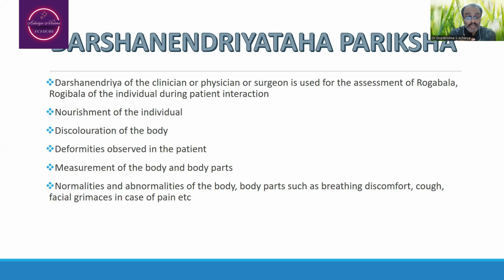And regarding the normalities and abnormalities of the body and body parts, the person is running for a period of 100 meters. At that time, the development of breathlessness by opening the mouth may be normal.